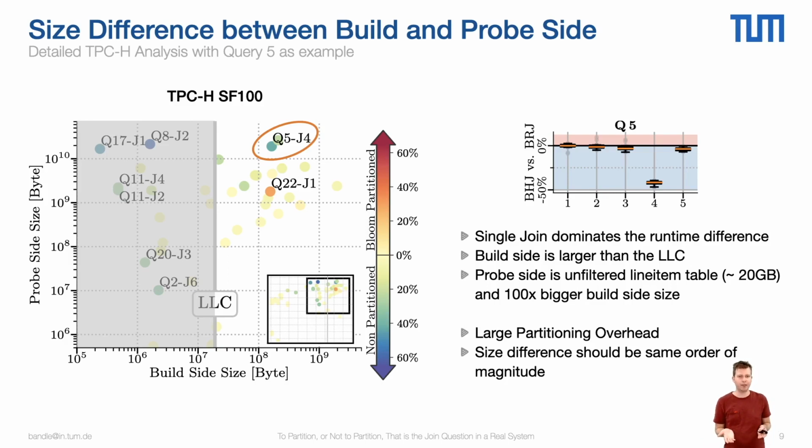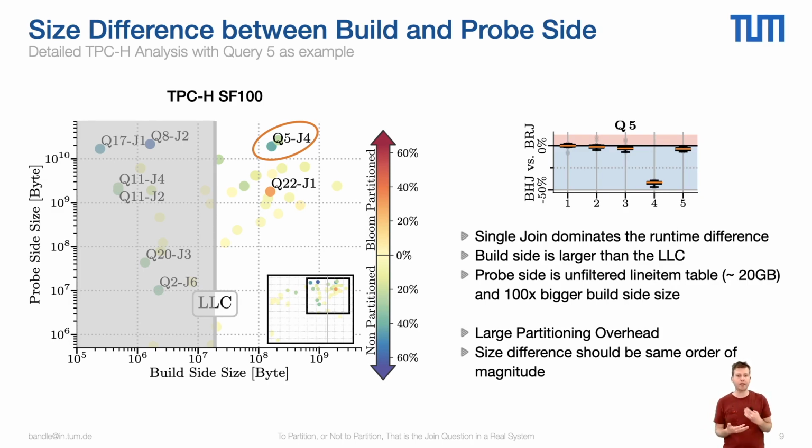The reason here, and also why the single join dominates the runtime difference here, is because the probe side is so large. It's more than 100 times bigger than the build side size, so it is the unfiltered lineitem table, which means we have to partition 20 gigabytes of data here.